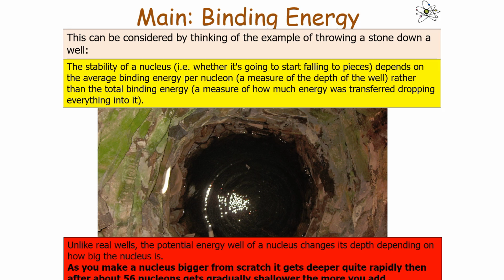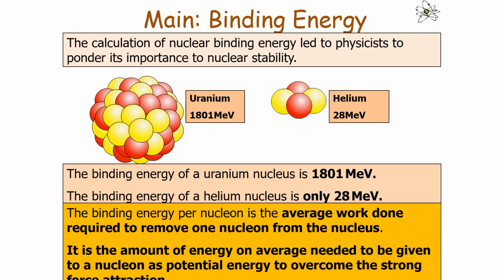As you make a nucleus bigger from scratch, it gets deeper quite rapidly, and then after about 56 nucleons it gets gradually shallower the more that you add. So the binding energy per nucleon is the average work required to remove one nucleon from the nucleus. It's the amount of energy on average needed to be given to a nucleon as potential energy to overcome the strong force attraction.